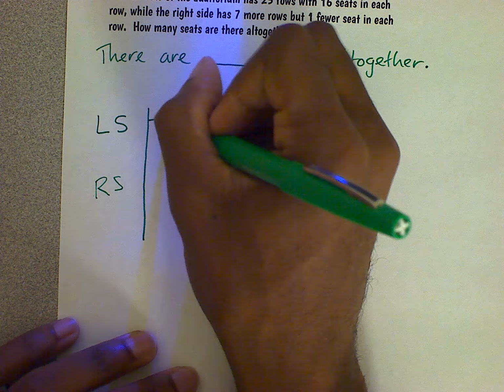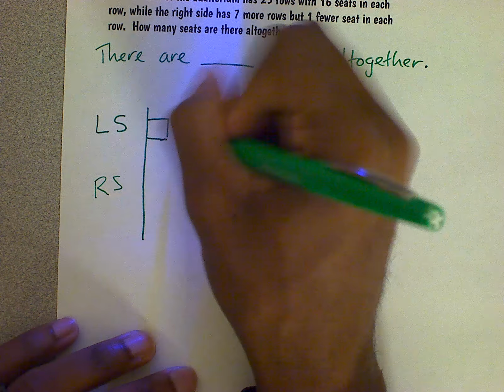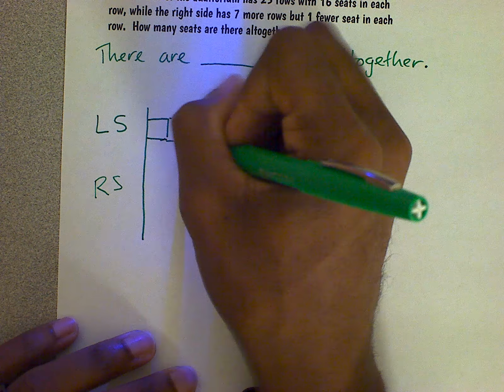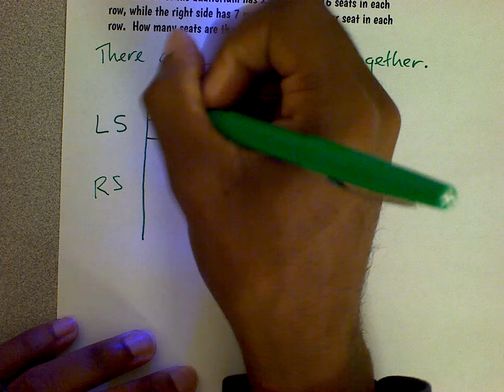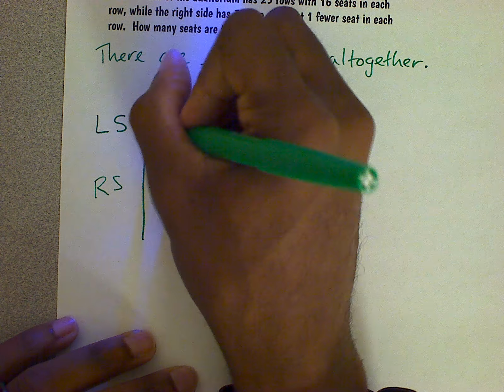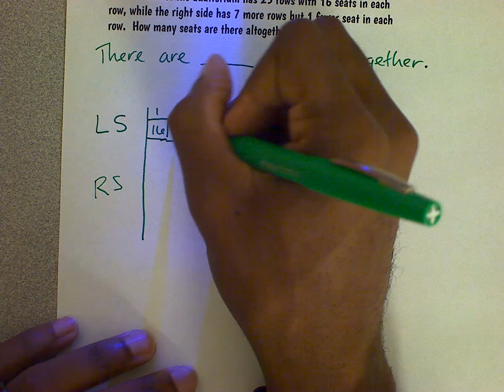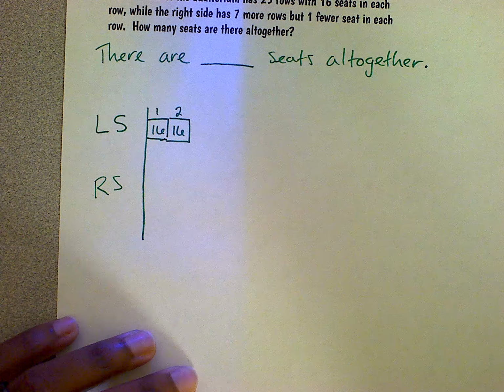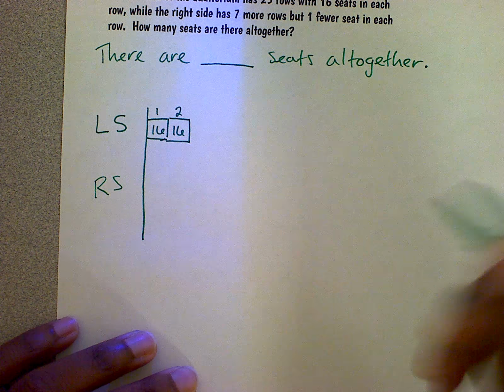So, seeing how Mr. Evans has done his model in the past, I like to draw these boxes here. And for the sake of today, we don't really want to write out all 25 rows with 16 seats in each.